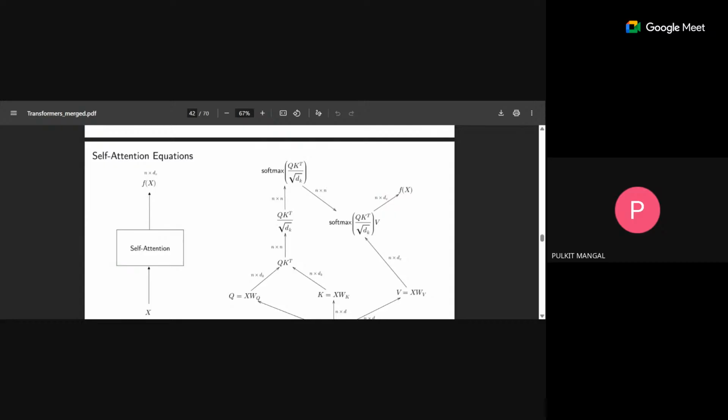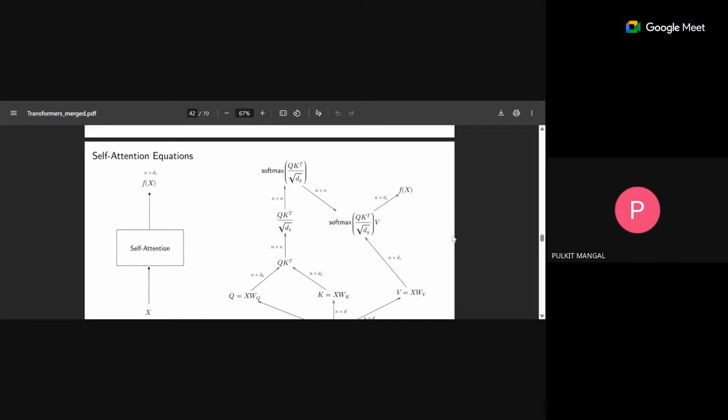You are going to use multiple such blocks. Because we have the entire sentence already in hand, each of these self attention outputs can be passed or trained parallelly. There's no dependency between the different self attention blocks that you are using.